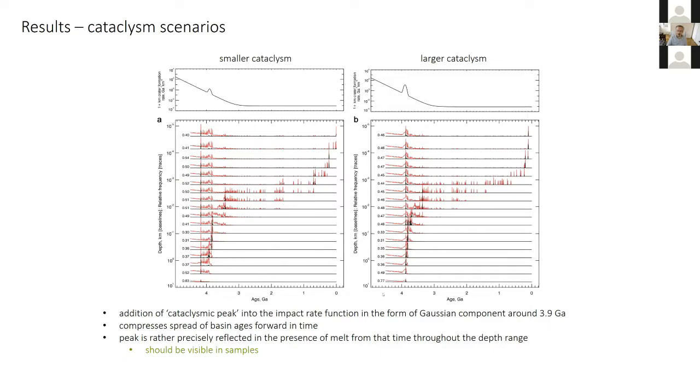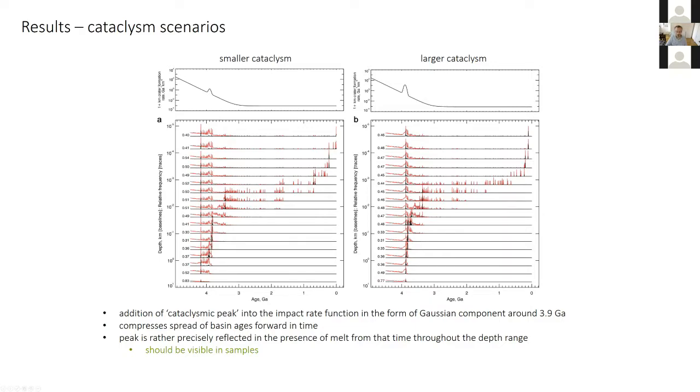Okay, here are the results for the two cataclysm scenarios. And what you see is that when you add a peak into the scenario, it causes a concentration of melt at that time. No surprise, of course, and the stronger you make the cataclysm, the stronger the signature it has at the surface.